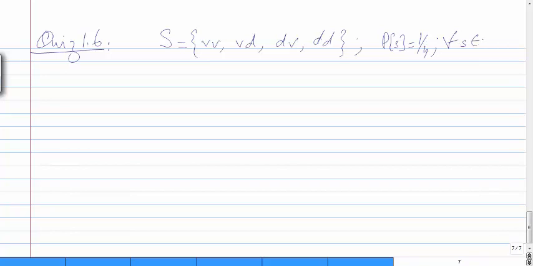Your observation is a sequence of two letters, either V or D. So this means that we have a sample space that is voice-voice, voice-data, data-voice, or data-data. If each outcome is equally likely, the probability of s is 1 by 4 for all s belonging to S.